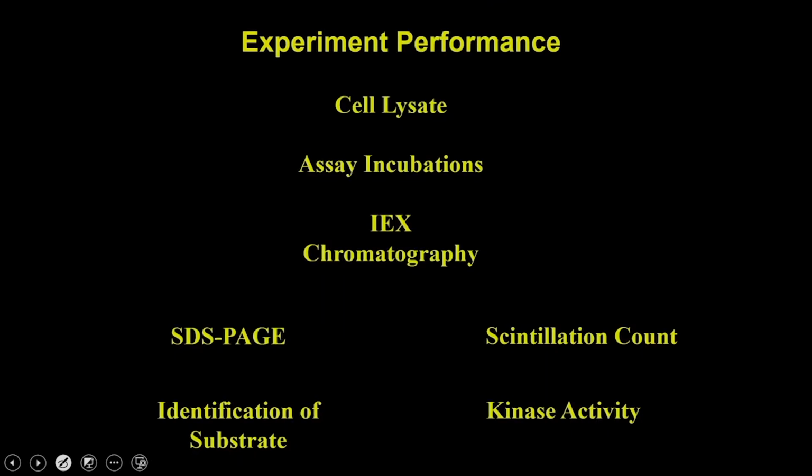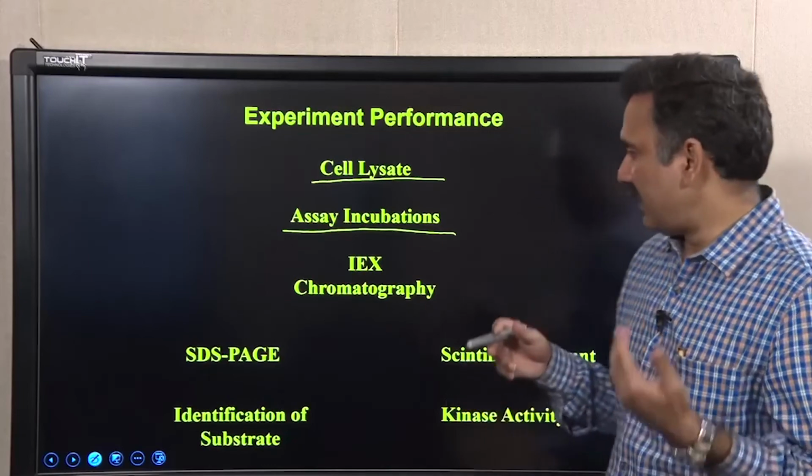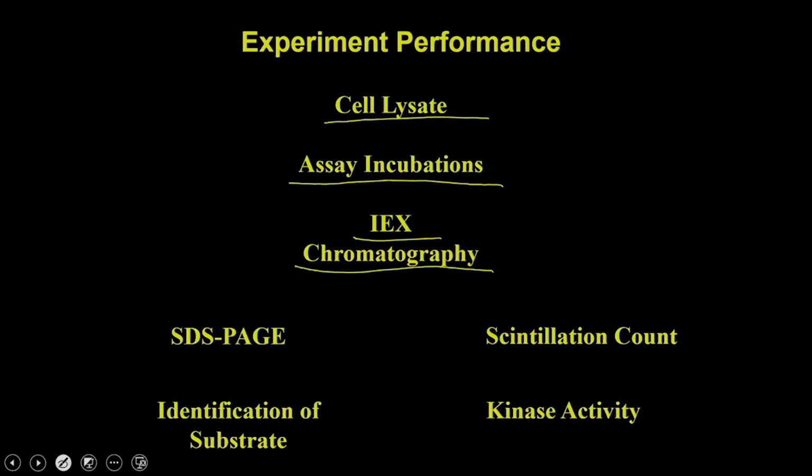So, to perform this experiment, you have to prepare the cell lysate, incubate it with the radiolabeled carbon 14 substrate, add ATP and incubate for some time, and then perform the ion exchange chromatography.